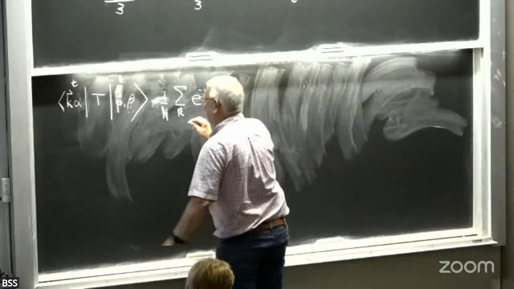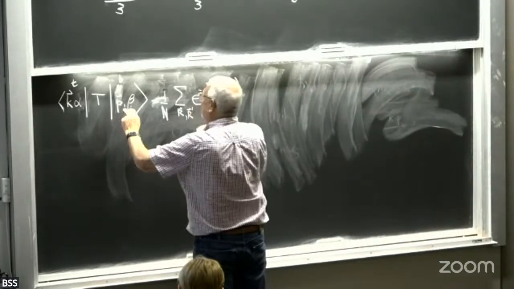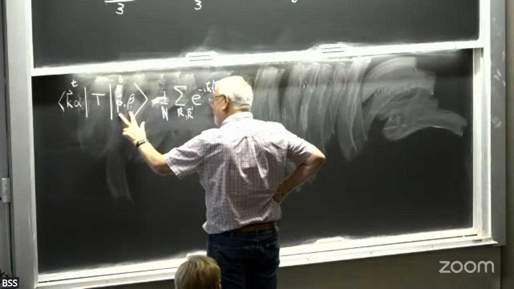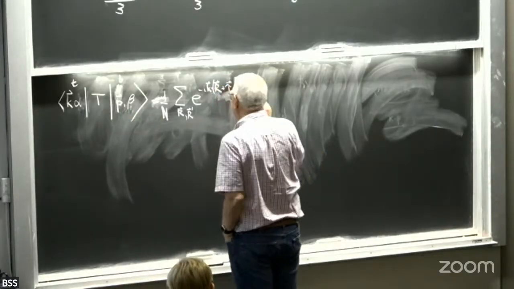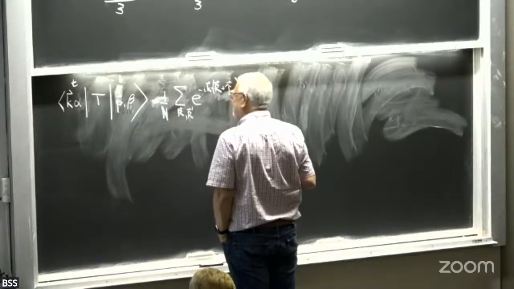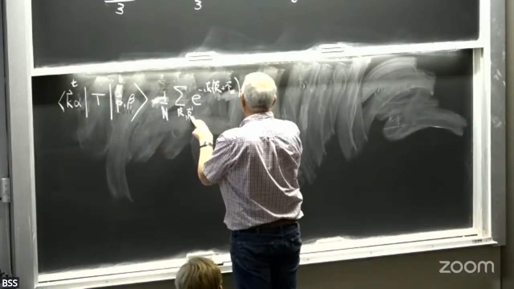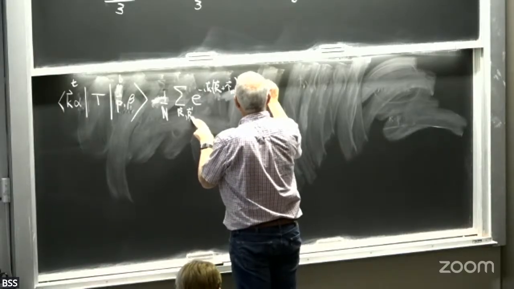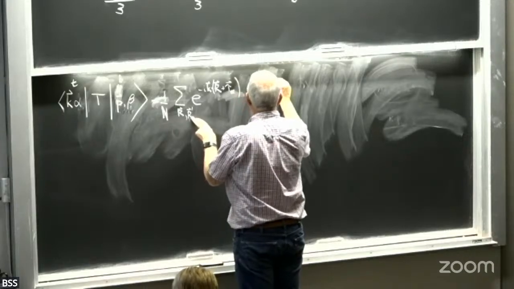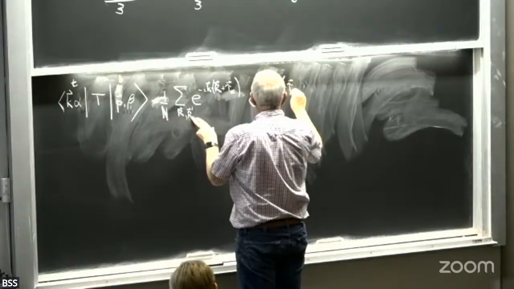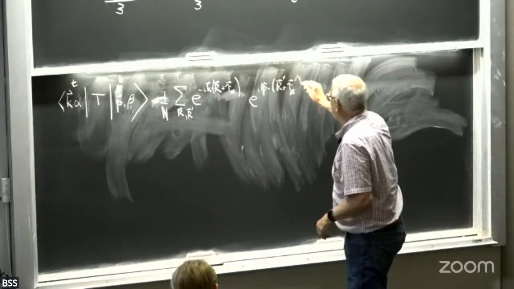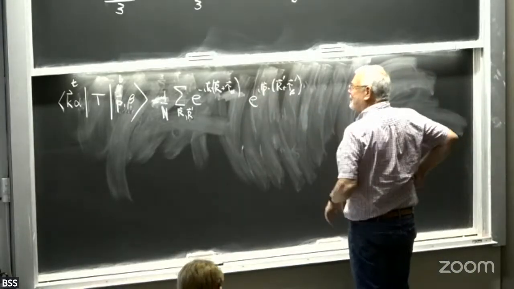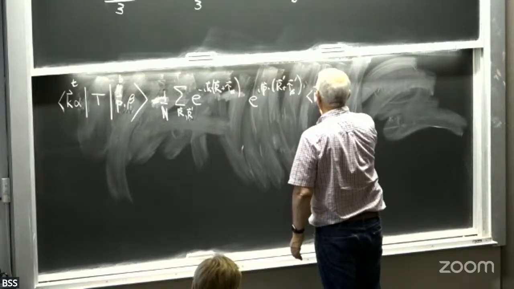And for the tight binding model state in the other layer, which is rotated and therefore has a different crystal, I have to sum over the lattice vectors R prime of that crystal. And when I expand it, I have these Bloch phase factors, and then I have some matrix element.